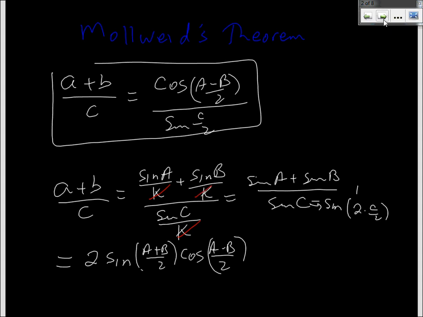So it's 2 times some angle, the angle being C over 2. So we get 2 times the sine of the angle times the cosine of the angle. And this 2 cancels out.